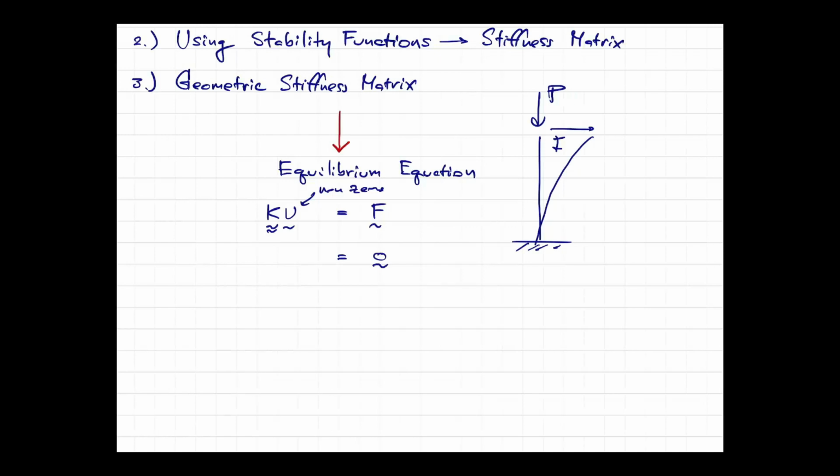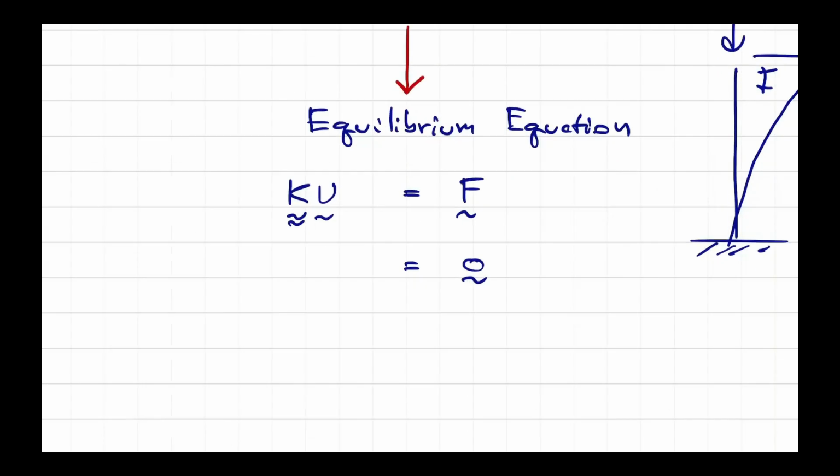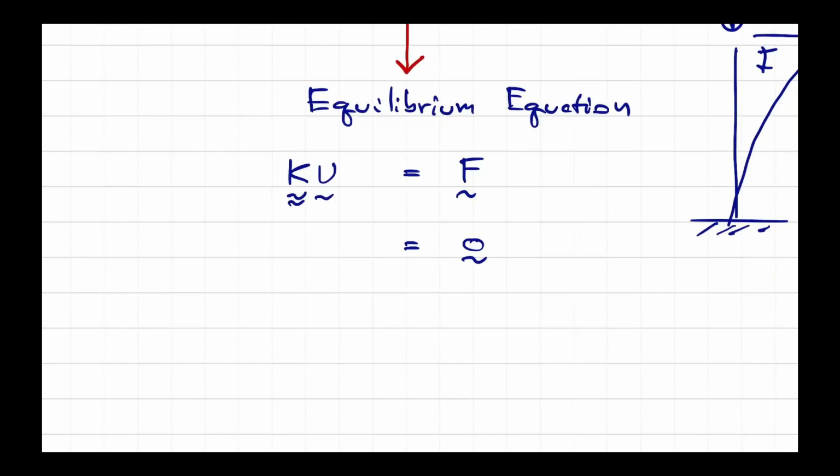Okay, so how do we solve this? The right hand side is 0, and we know that U is non-zero.